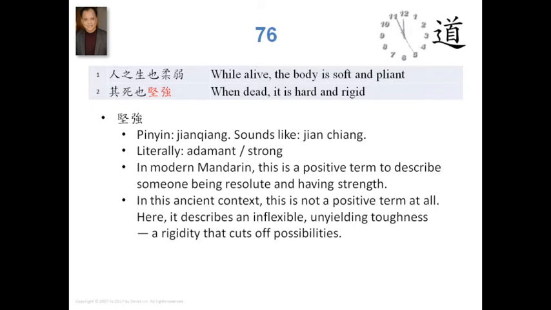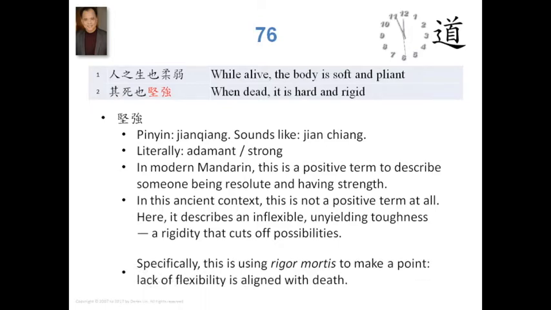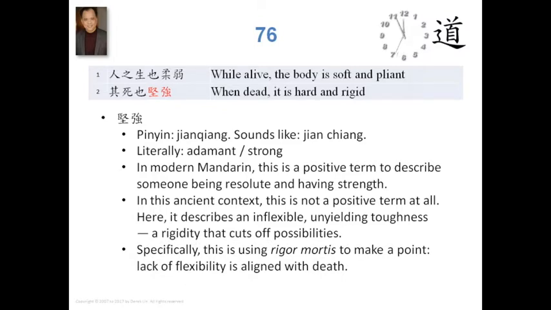So remember, 坚强 is not at all positive in the Tao Te Ching. To be very specific, with these two lines, it's using rigor mortis to make a point that when someone dies, the body stiffens up.